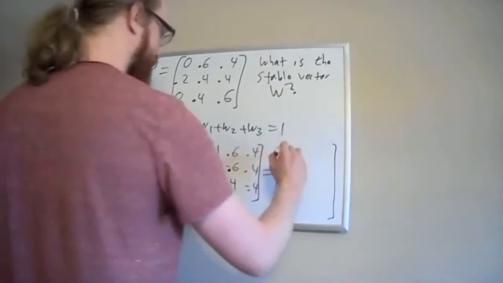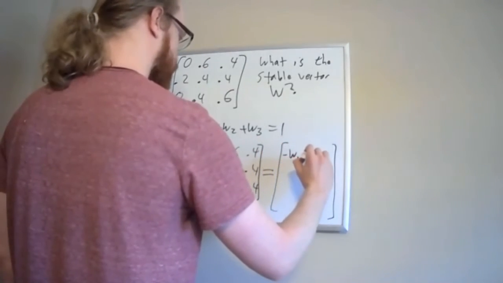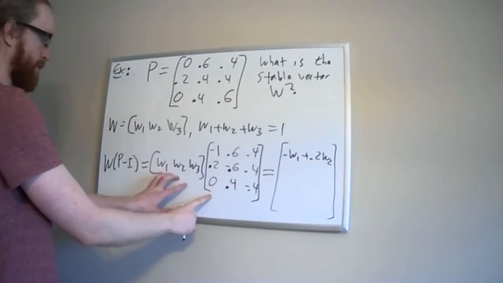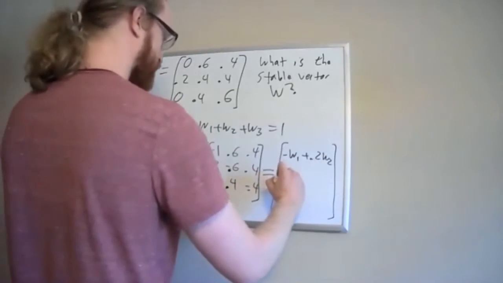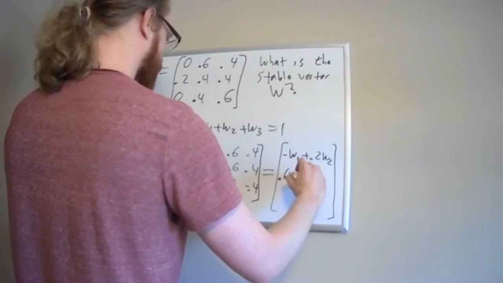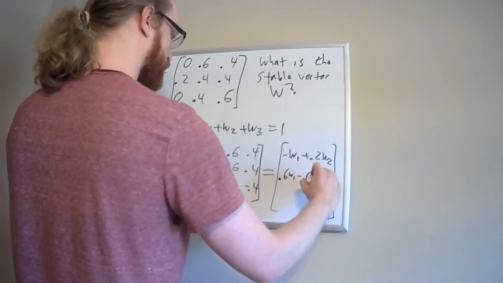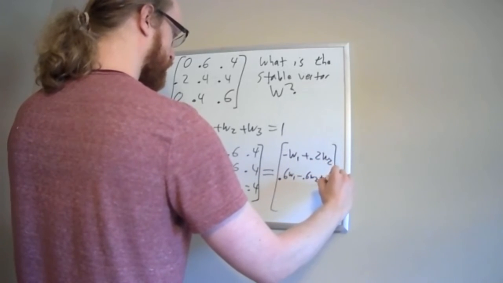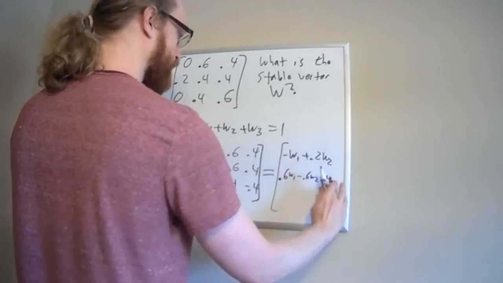So I'm going to get minus W1 plus 0.2 W2, multiplying with the first column. Multiply this with the second column, I'm going to get 0.6 W1 minus 0.6 W2 plus 0.4 W3.